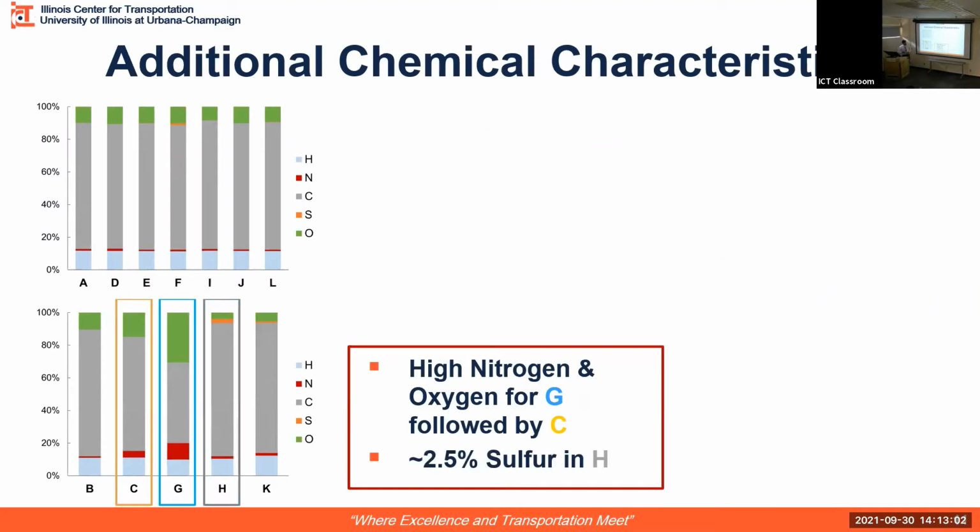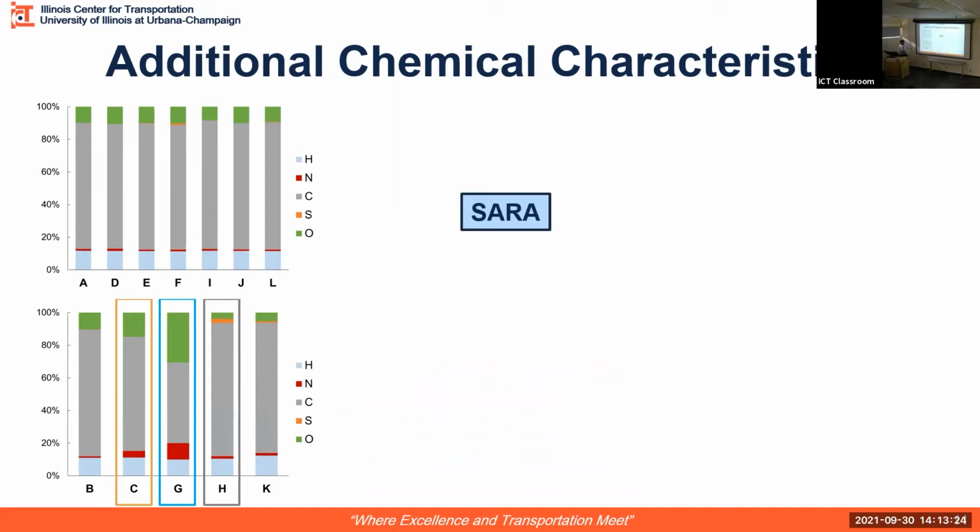Also, H was slightly higher in sulfur compared to others, which again supports the idea that it might have some asphalt components, because asphalt has some sulfur to start with. So these were some additional characterizations we did, and as we move forward in the presentation, we'll see how they connect to answer some of the questions we had.